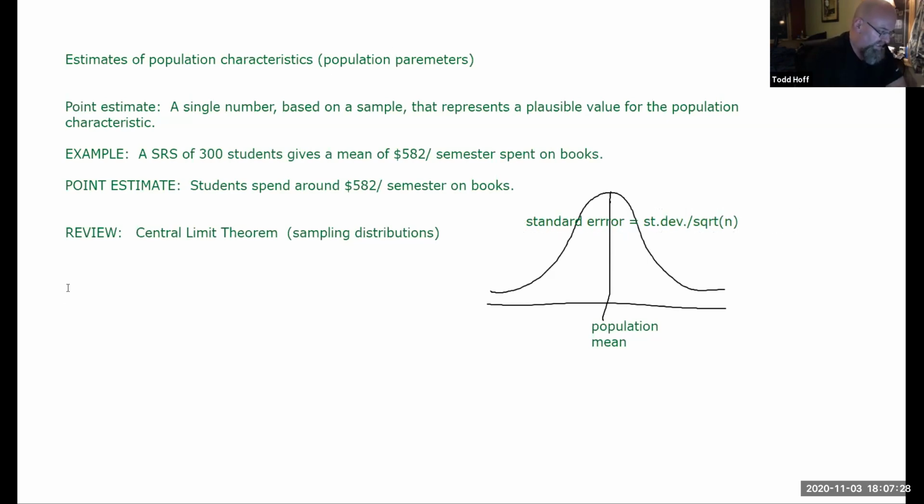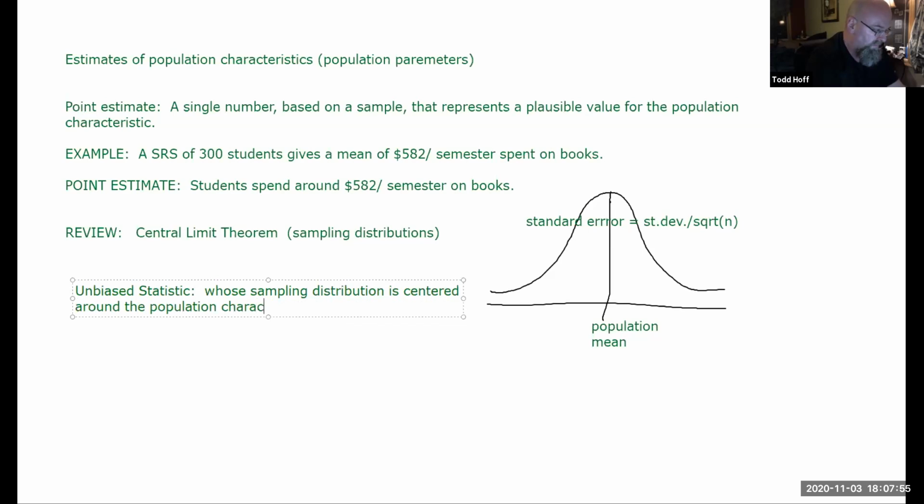An unbiased statistic is a statistic whose sampling distribution is centered around the population characteristic. Again, whether that's the mean or a proportion.